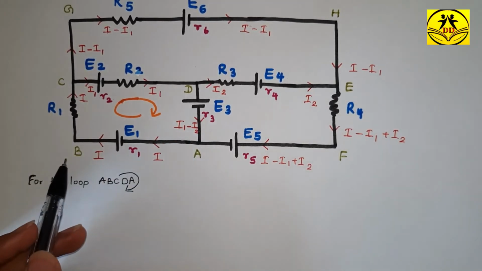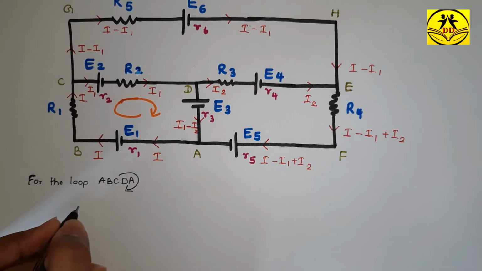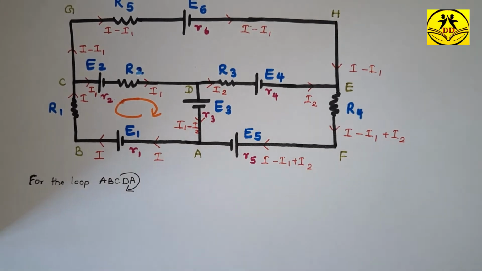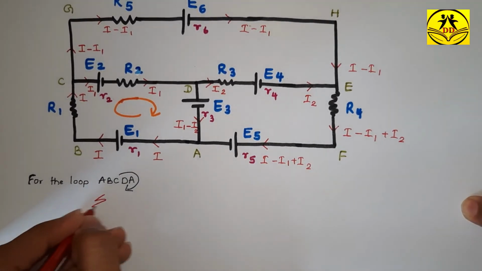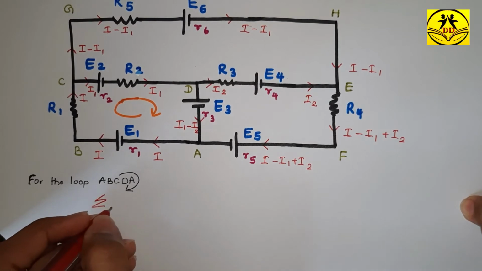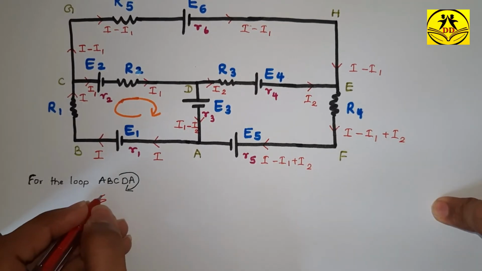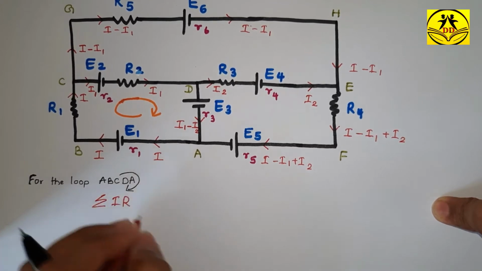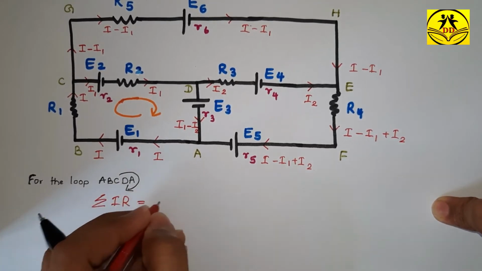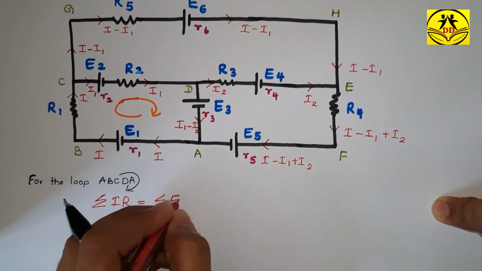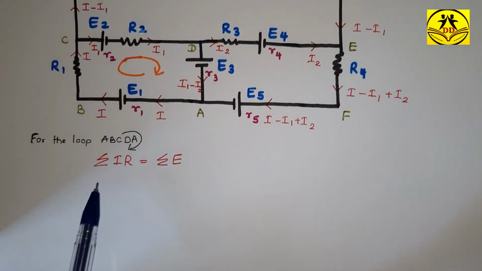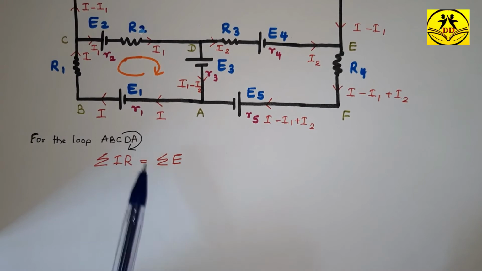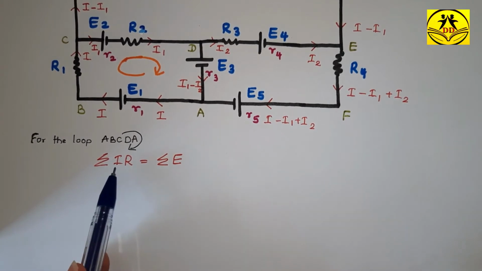For the loop A, B, C, D, A, you apply Kirchhoff's second law. What is that? Sigma IR equals sigma E. I'll first write the IR side. So now the next task is finding these IR products.